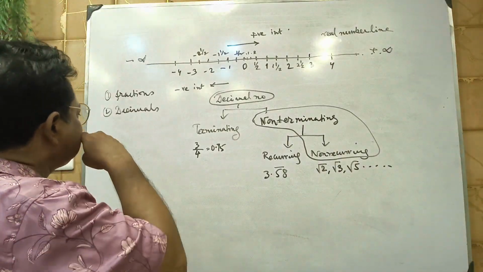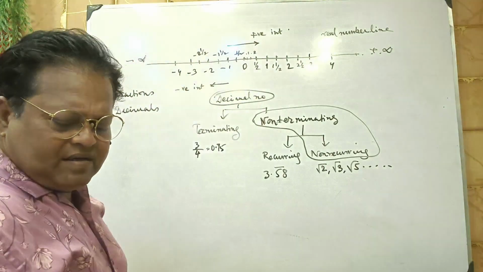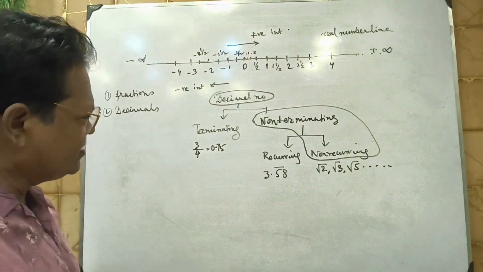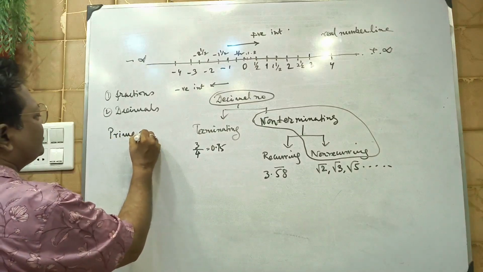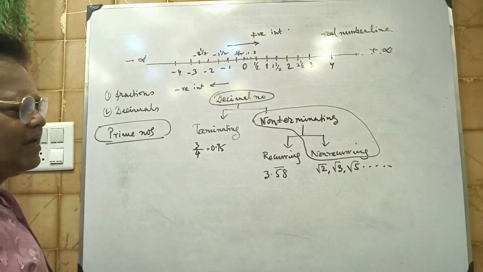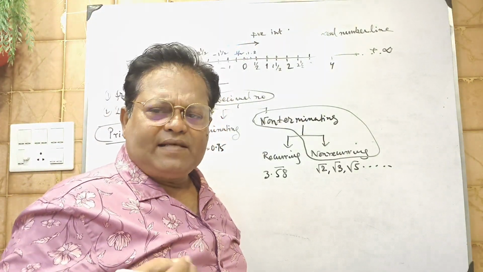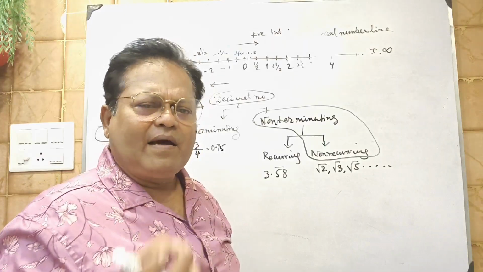Now, what are prime numbers? I will give some idea about prime numbers. Prime numbers are those numbers which are divisible by only 1 and the number itself. That is, they have only two factors, 1 and the number itself.